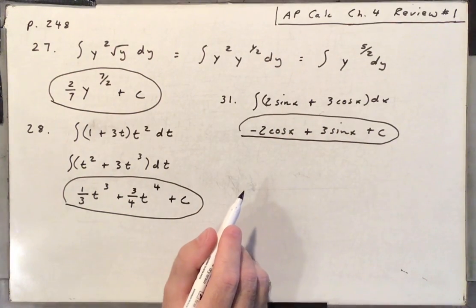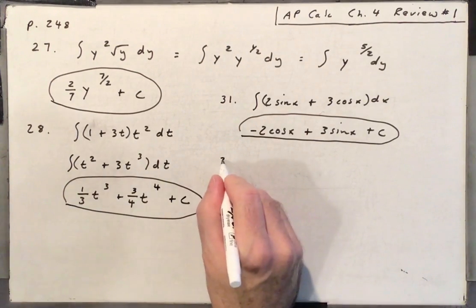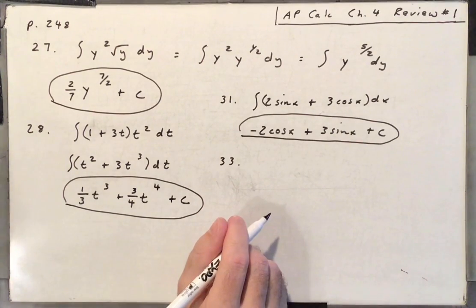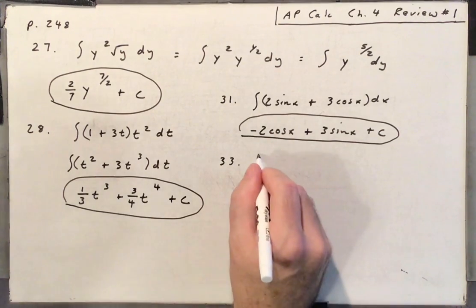All right, the next one on my list is 33. I think I can fit it in right here. Okay, so we've got 1 minus cosecant t cotangent t.